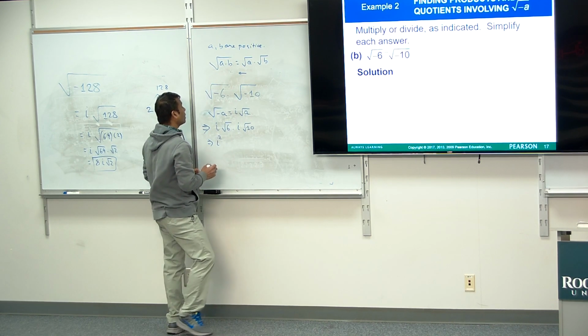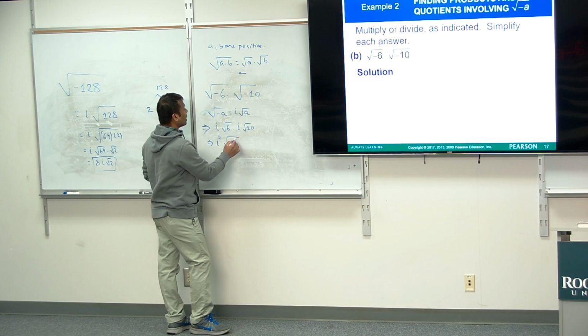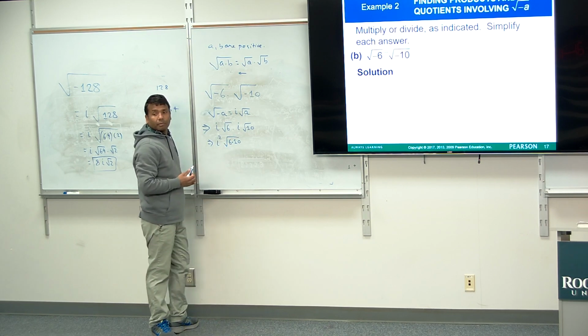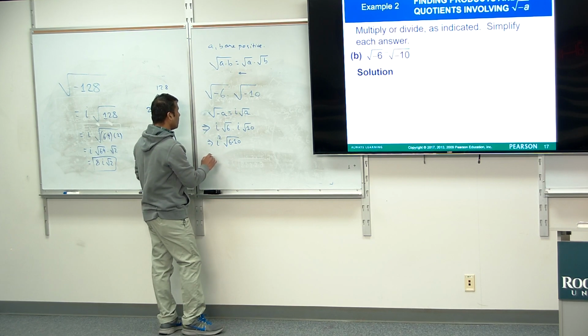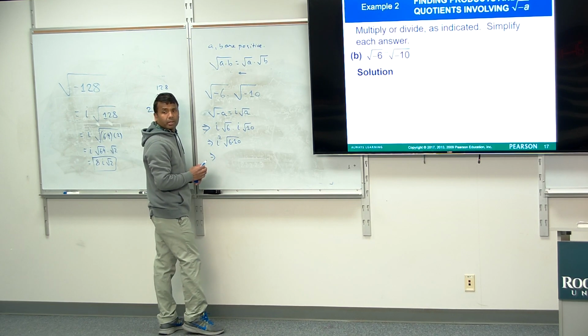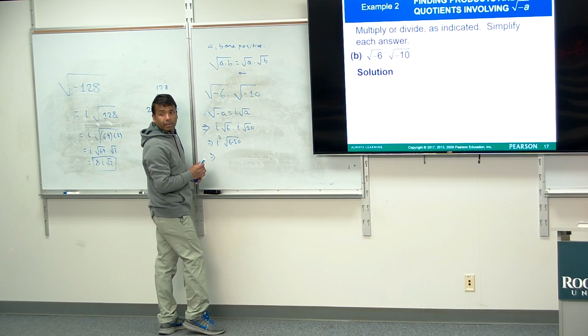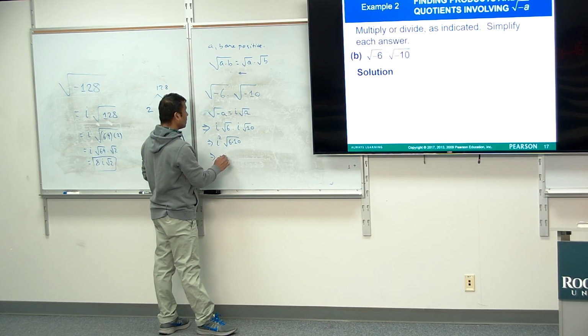So now this is i squared times radical 6 times 10. Are you with me? Can I do that? What is the value of i squared? Negative 1, right? So negative 1 times radical 60.